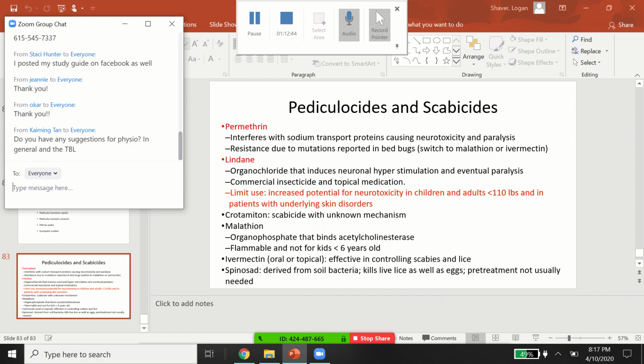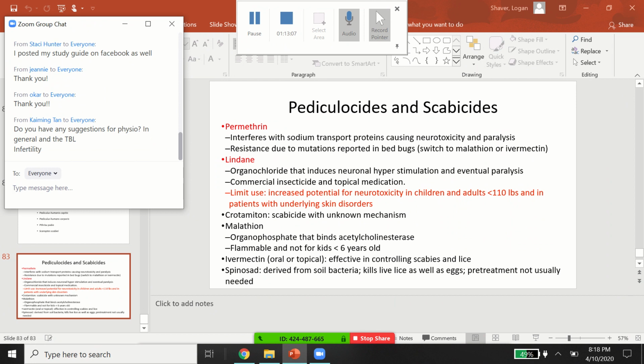Do you have any suggestions for physio in general and the TBL? Stacy probably has a better answer for that, she's actually a physio tutor. But in terms of what the TBL is about, is it just endo? Or does it have a particular subject? Infertility, okay. I know there was definitely an importance on knowing hormones, of course.